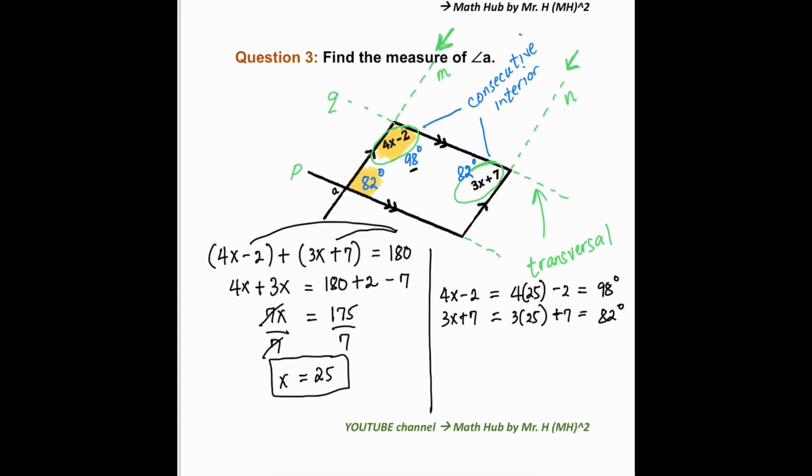And if this is 82, obviously the alternate interior angle, this one, will be 82 as well. Angle A and this one will form corresponding angles, and by definition, corresponding angles are equal in measure. So here we can conclude that the measure of angle A is equal to 82 degrees.